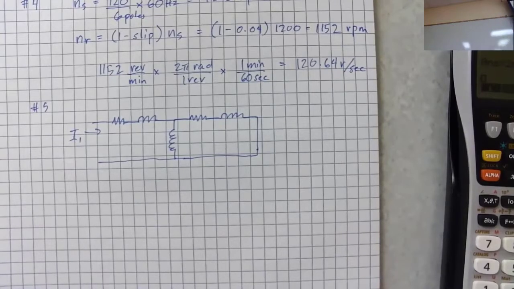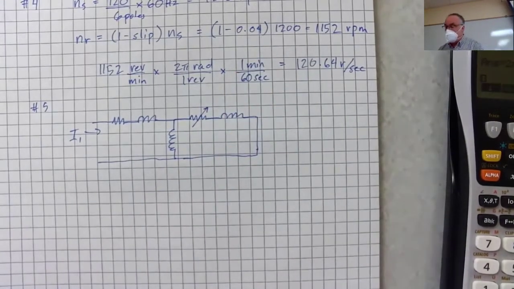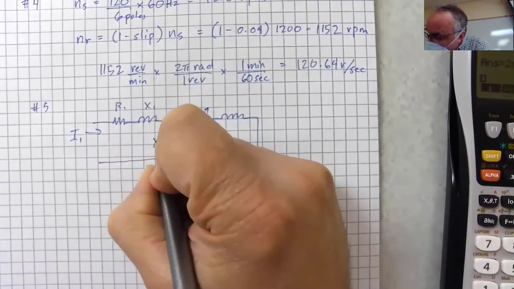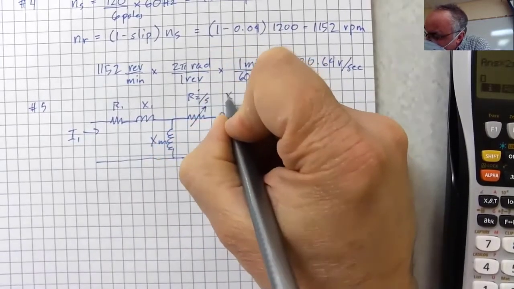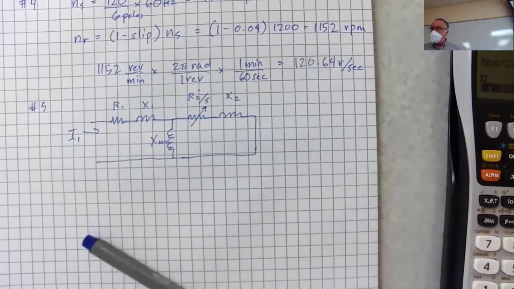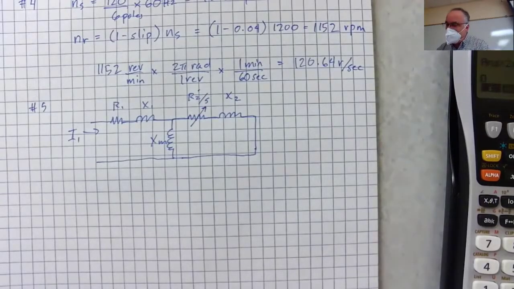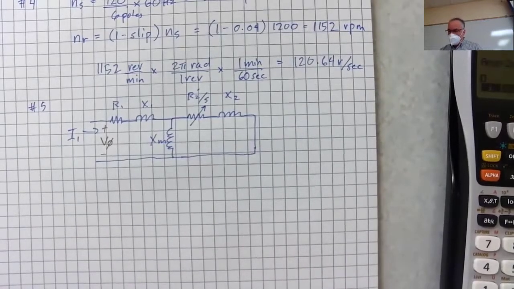So I could just have this one variable resistor instead of having a fixed resistor and a variable resistor in series. And this is going to be R1, X1, XM, R2 prime over S, X2. Okay? And the voltage is going to be V phase.